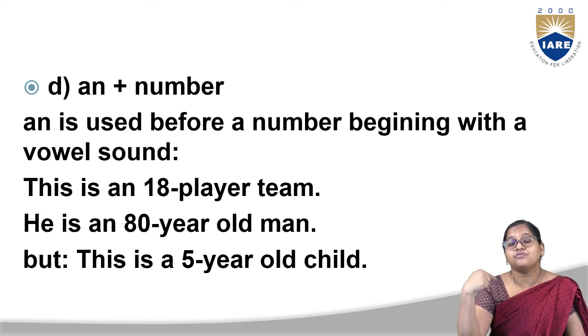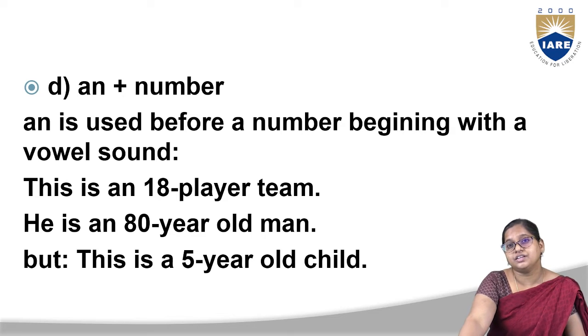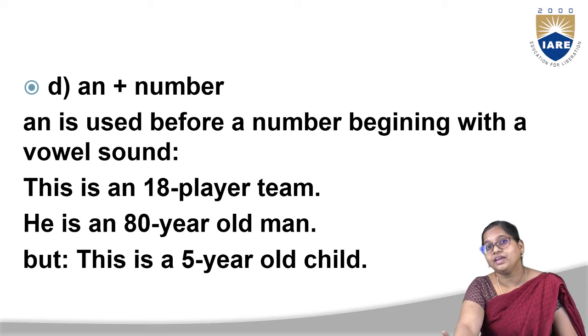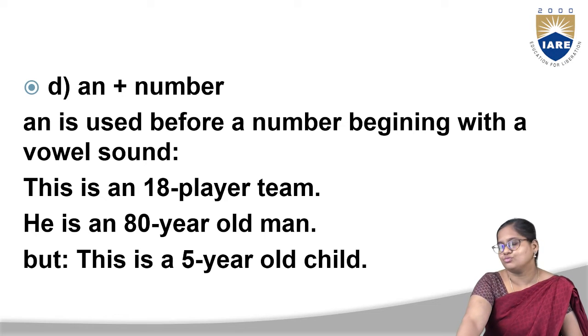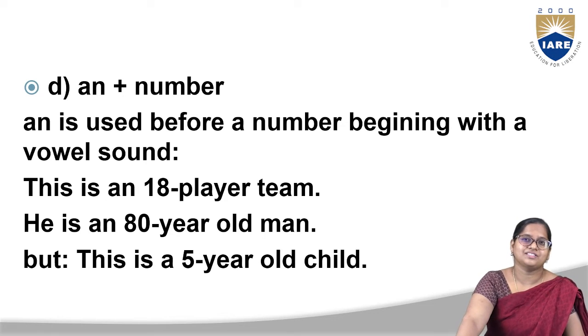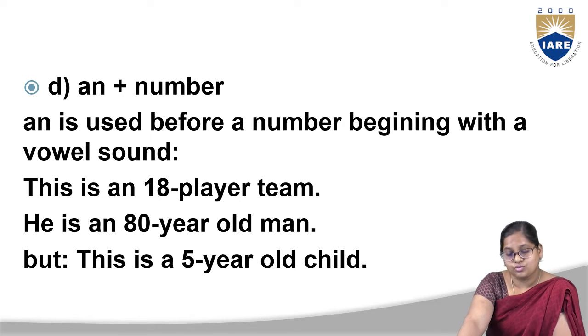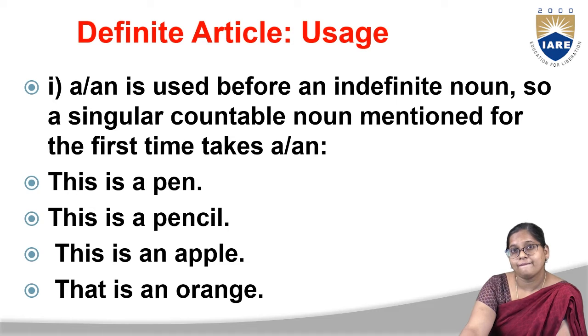Okay, so 5-year-old. But the exception is 5: it's not "an 5-year", because 5 is a 5-year. So the rule is, the exception is standard here. So it is an 18, a 5. So you take this indefinite article, whereas 5 is an exception.